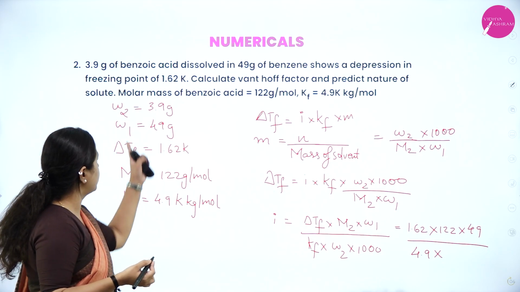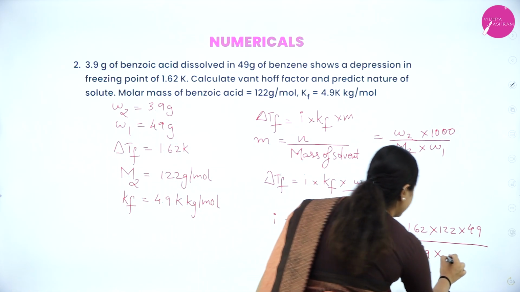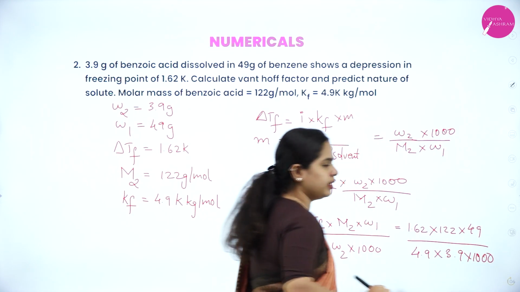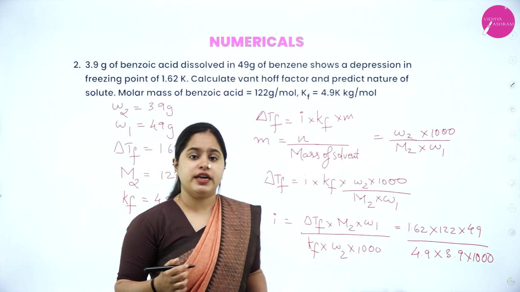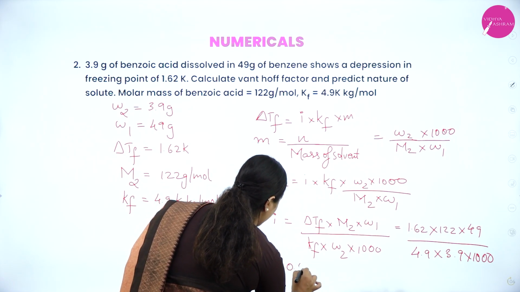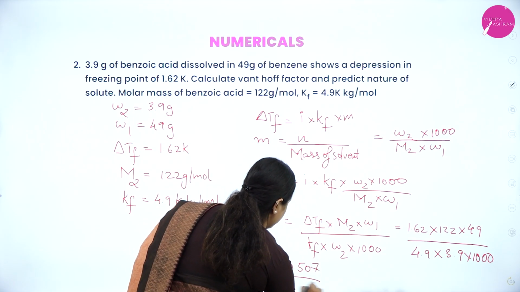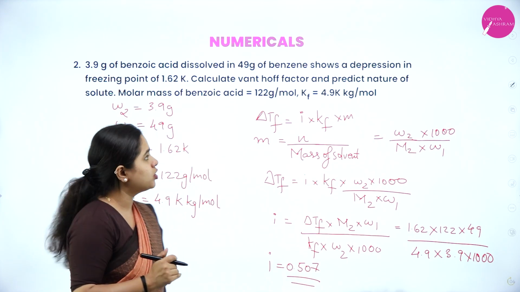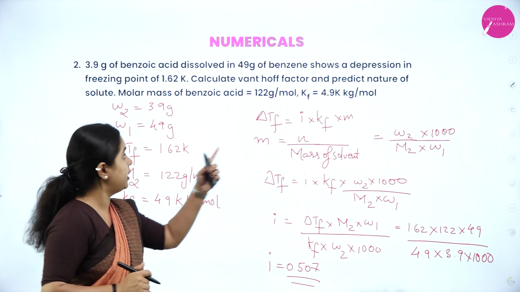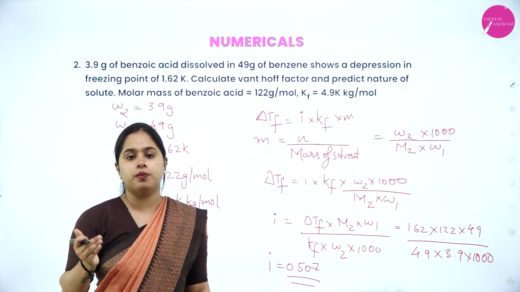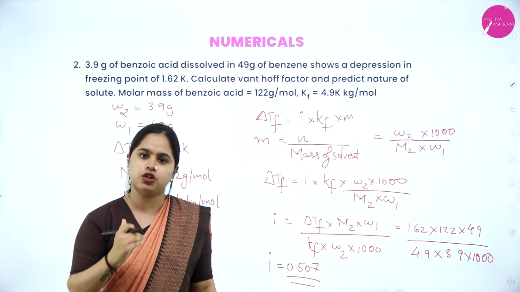The mass of the solute, which is given as 3.9, into 1000. So I hope it is clear. Finally, when we do this, we get the answer as i is equal to 0.507. So we calculated the Van't Hoff factor. There is one more part to the question: predict the nature of the solute. Predicting the nature of the solute means whether it is undergoing association or dissociation.